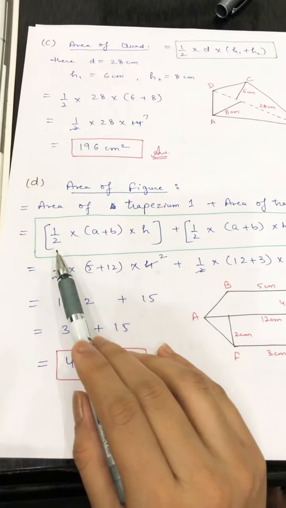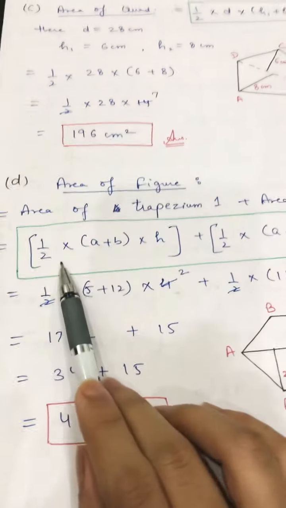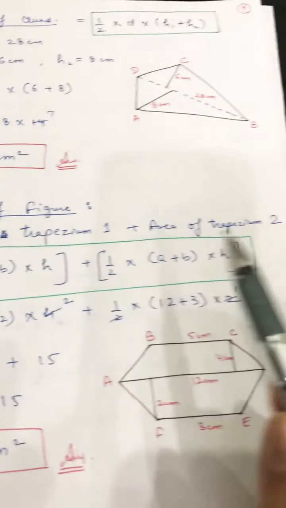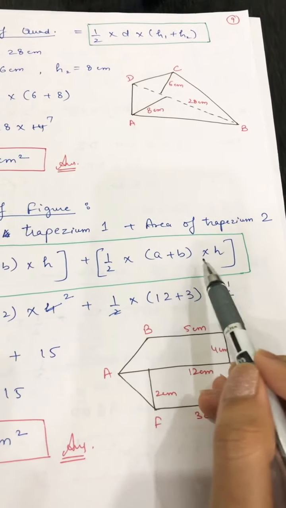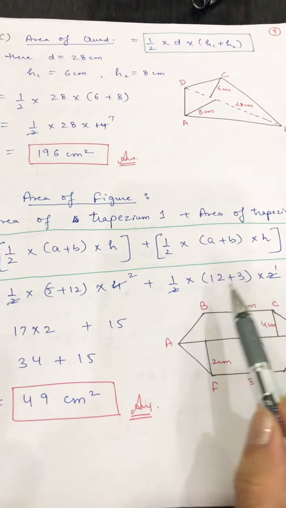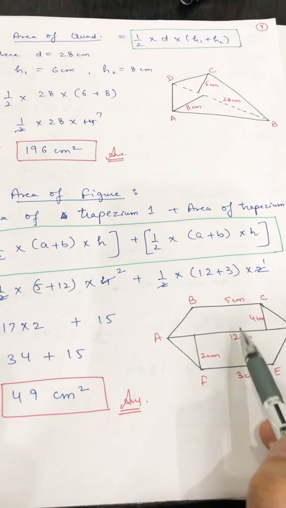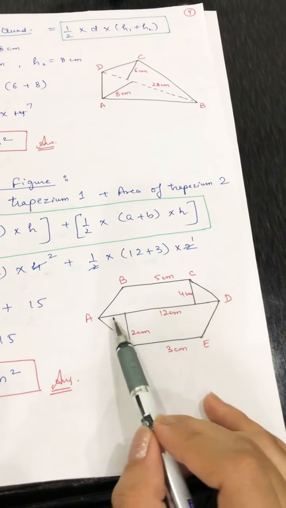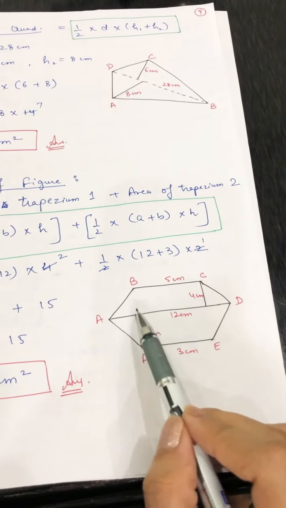Now this is the formula of area of trapezium we have done in exercise 14.1. Half multiplied by A plus B into H plus half multiplied by A plus B into H. Here A and B in the first trapezium, this is A, this is B, and this is H. In the second trapezium, this is A, this is 12 centimeter B, and this is H.